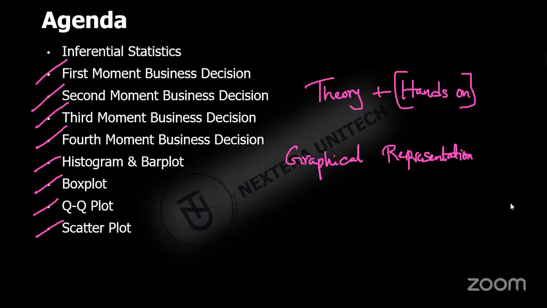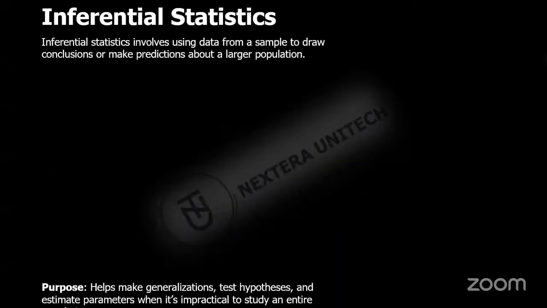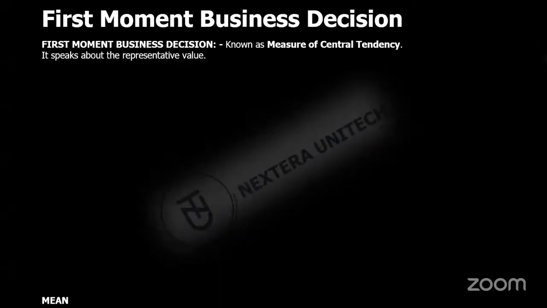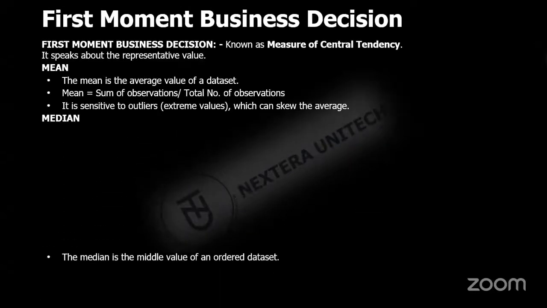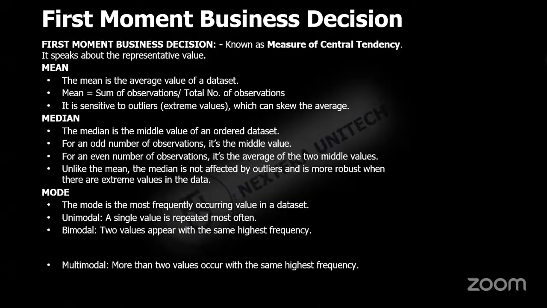Now let me start with the first moment business decision. What exactly does this first moment business decision give us? As part of the first moment business decision, we'll get the center value.